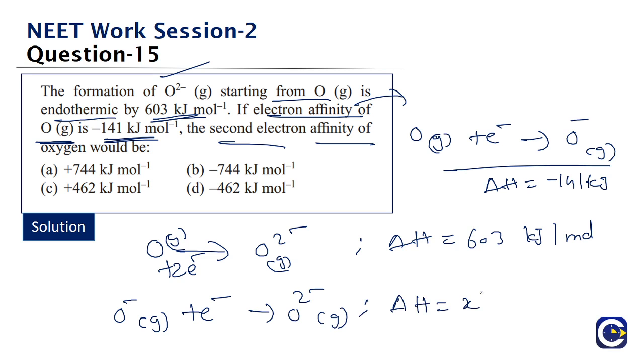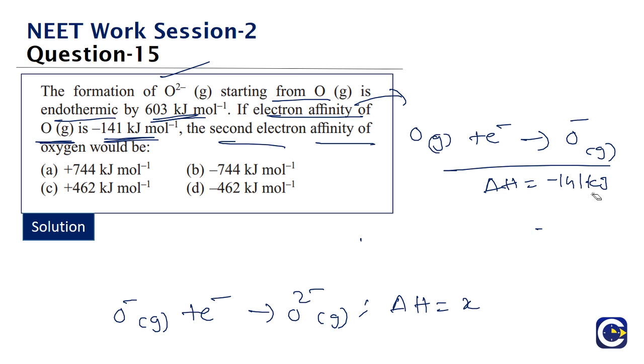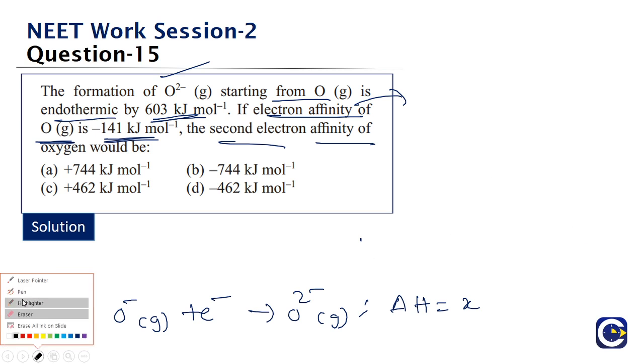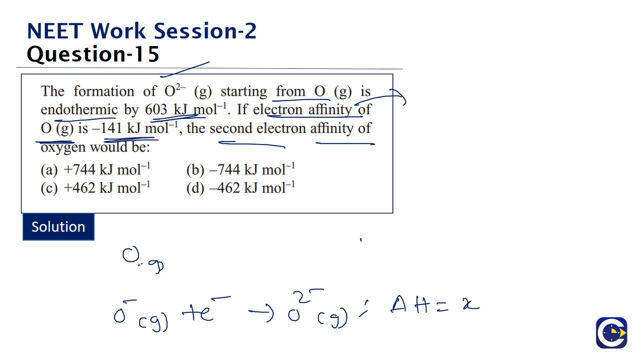Maybe I'll just redraw the scheme again so that we will be able to understand. The electron affinity of oxygen means the energy exchange involved when we give an electron to a gaseous oxygen atom, thereby forming O minus.